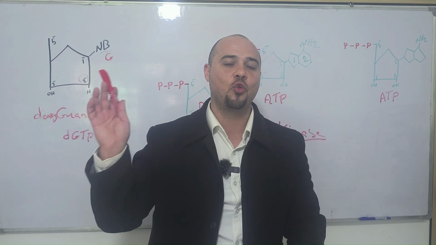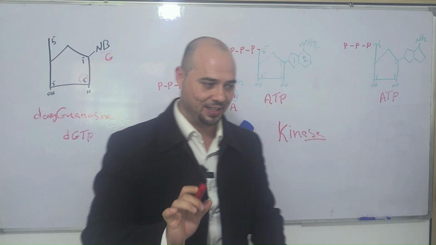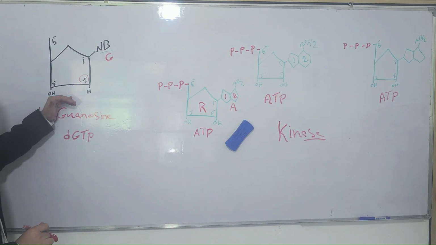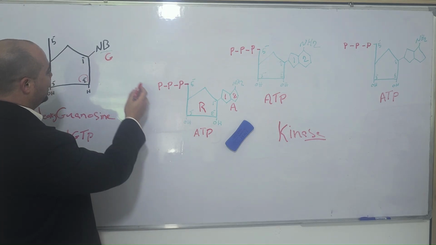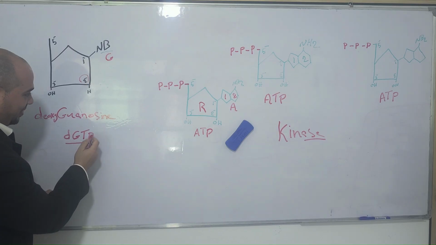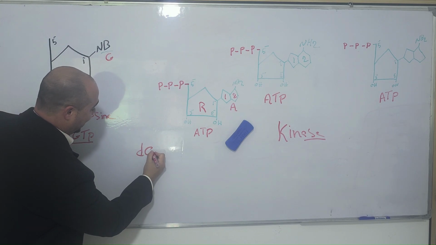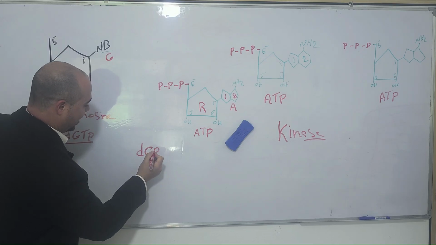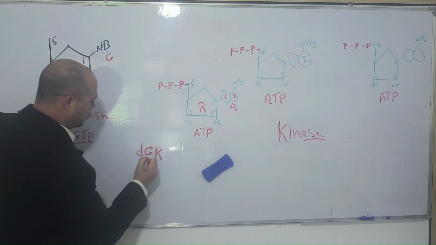And according to the target, it's going to be named accordingly. For instance, this is guanosine, so guanosine kinase, or in this case, deoxyguanosine kinase. There is an enzyme called deoxyguanosine kinase. What does it do?